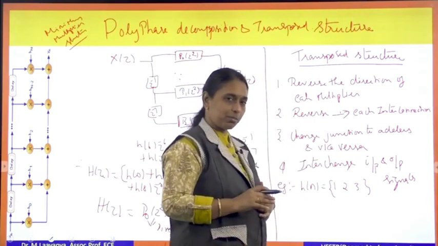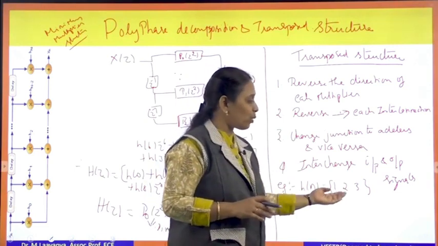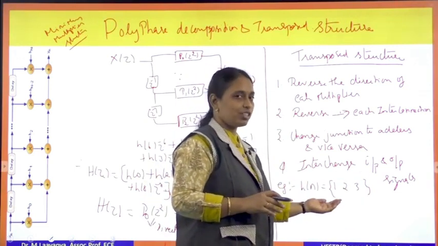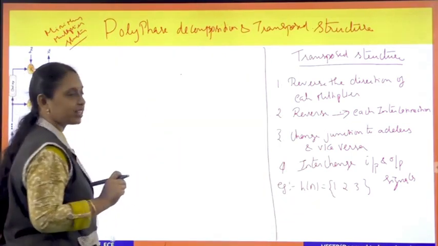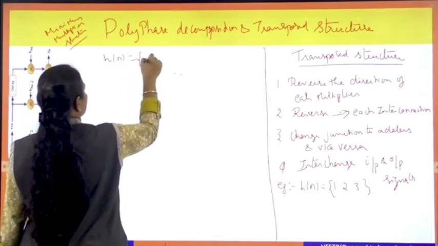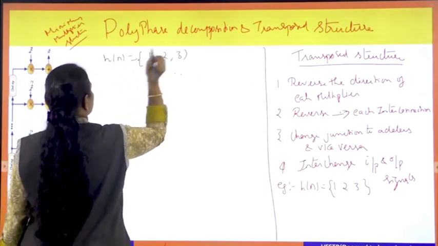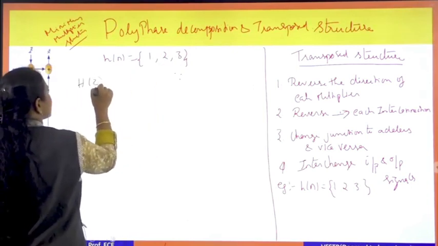Let us see an example for this. Here h of n has been taken, which is equal to 1, 2, 3. For this we will draw the diagram. Now let us draw the structure for that. H of n is 1, 2, 3, so they have given it. What is my h of z?